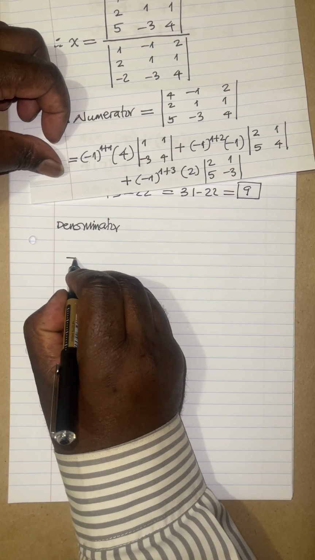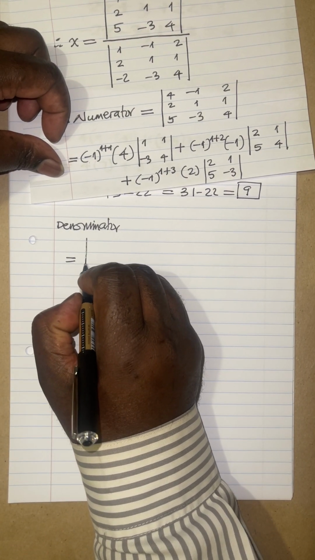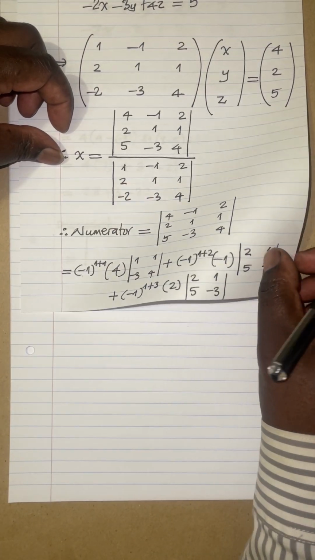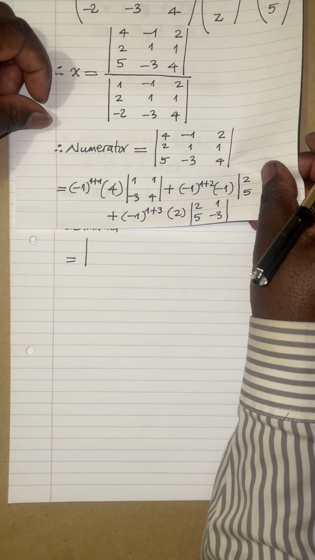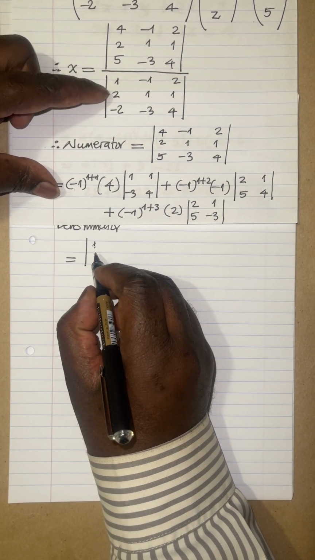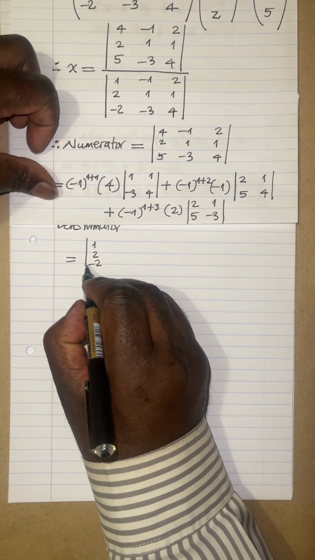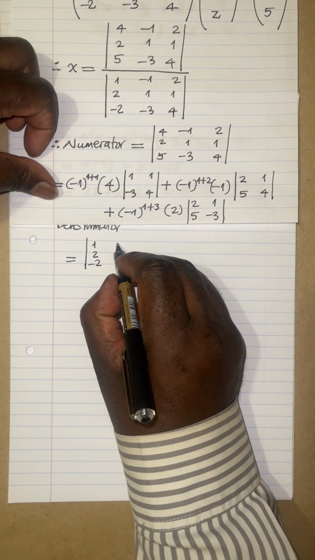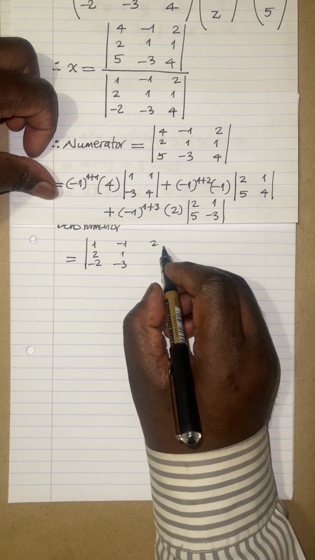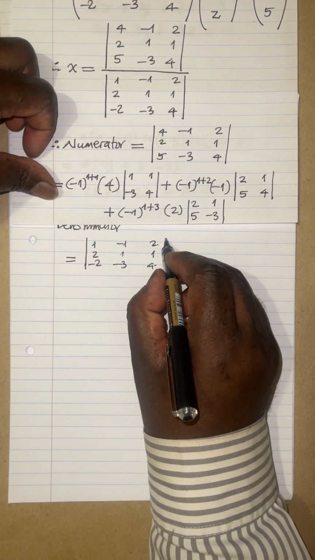The denominator is equal to the determinant of, check this out, 1, 2, minus 2. Hope you can see it there. Here you can. And then we have minus 1, 1, and then minus 3, and then 2, 1, 4, like this.